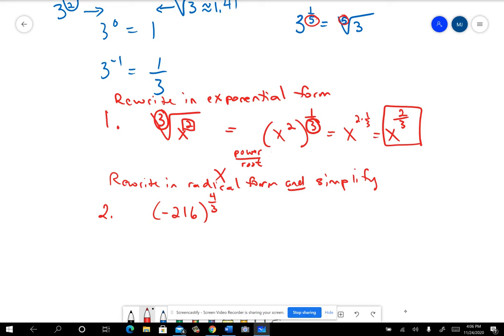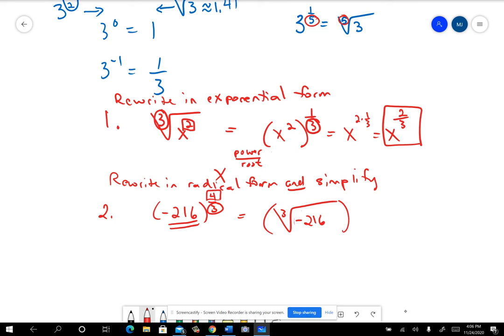What I would do on this one is notice the denominator is 3, so that tells me the kind of radical I'm going to be dealing with. See how the negative 216 is in parentheses? It's all going to be inside there. You don't need the parentheses when it's in there, because the radical is a grouping symbol. And then the 4 up here would be what you're going to raise all of that to.